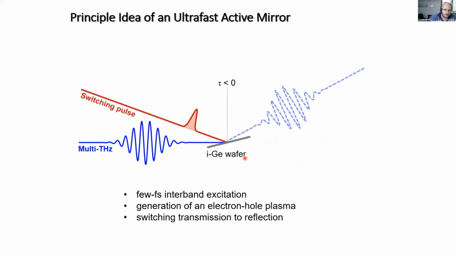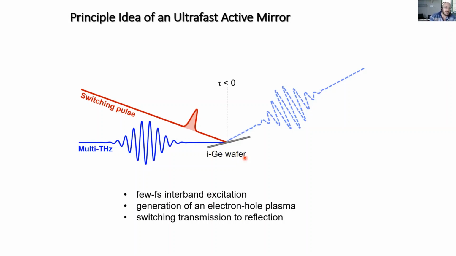But what you can do is shine a short near-infrared pulse onto the germanium wafer and make it metallic. You excite free electrons in the semiconductor by absorption of radiation. When you have free electrons, you have a plasma frequency. If the plasma frequency is high enough, the semiconductor behaves metallically up to that frequency.